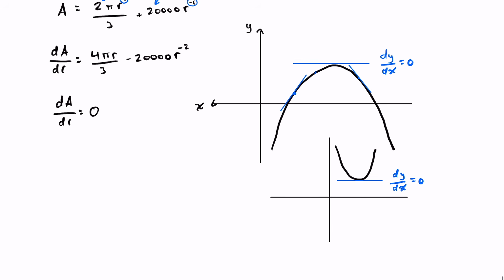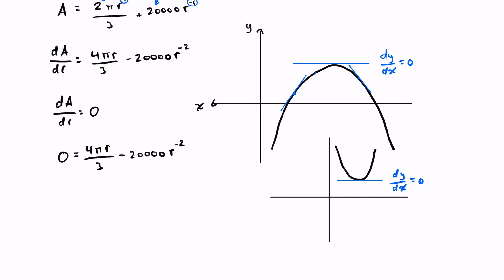So let's go ahead, substitute dA/dr for 0, and then we'll solve. 0 is equal to 4 pi r over 3 minus 20,000 r to the negative 2. And I think we can graph it, but this is going to be very big and it's going to suggest that we're going to need to change our window. So let's actually n-solve this.